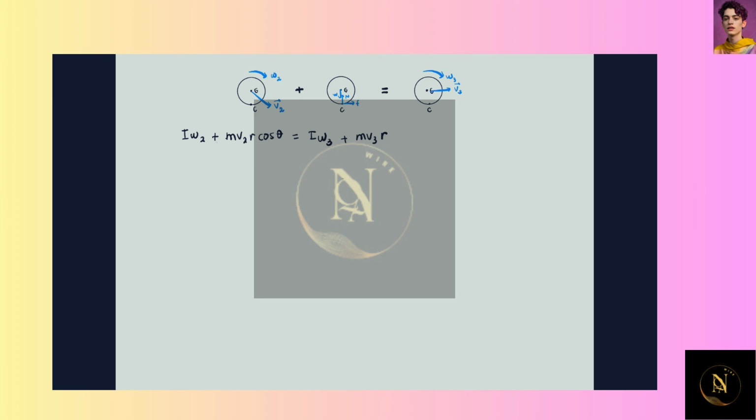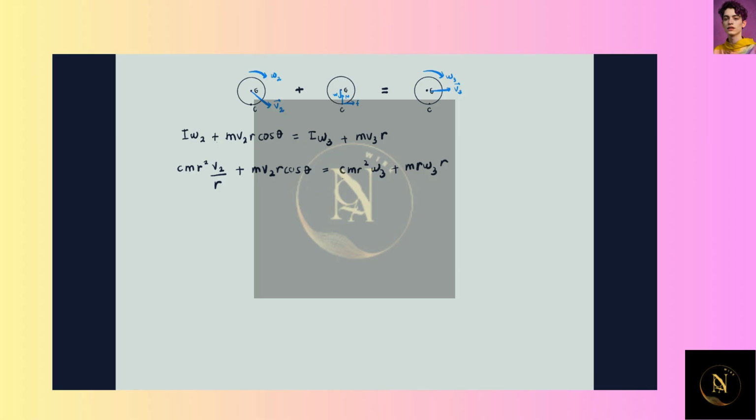Substituting the equation for the moment of inertia, for v sub 2, and expressing v sub 3 in terms of r and omega, this equation becomes c m r squared times v sub 2 over r, the equation for omega sub 2, plus m v sub 2 r cosine theta equals c m r squared omega sub 3 plus m r omega sub 3, which is v sub 3 times r.